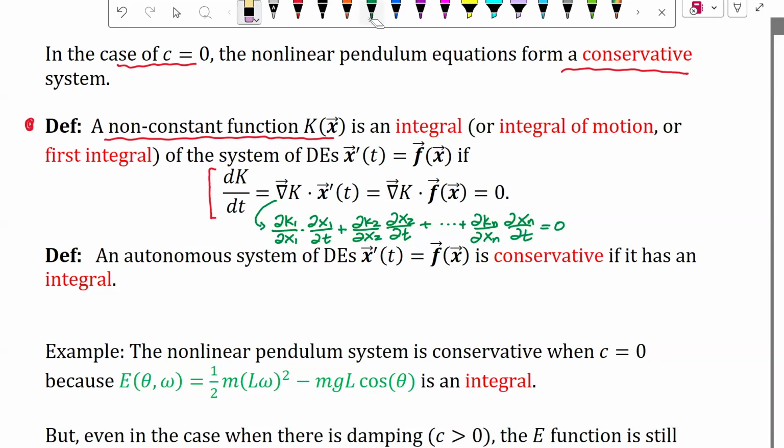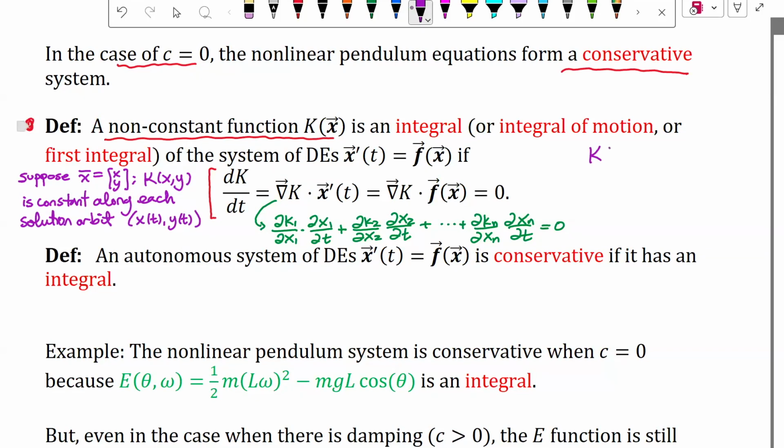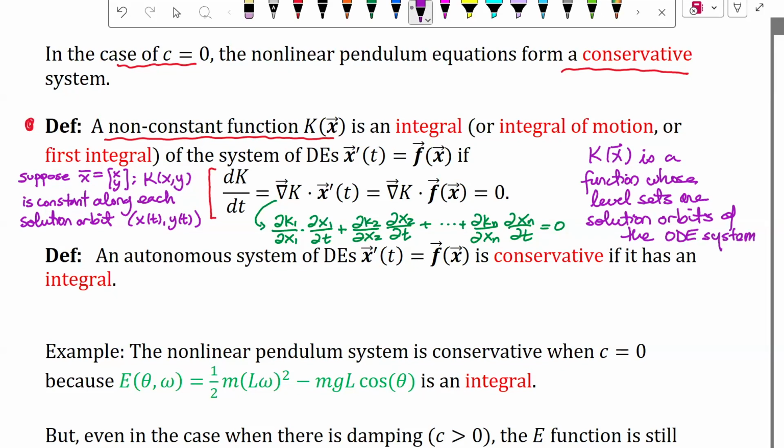Let's think about this in 2 dimensions. Suppose, for example, that we have our 2-dimensional function x with entries x and y. Then our integral K is a function that is constant along each solution orbit. In other words, K is a function whose level sets are solution orbits of the ODE.